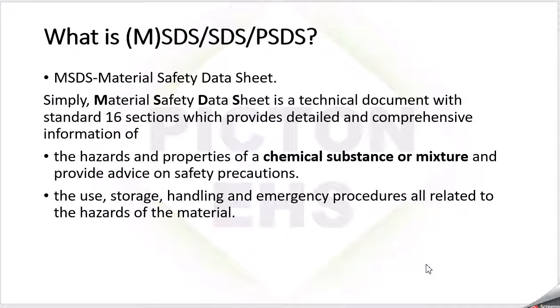Simply, a Material Safety Data Sheet is a technical document with a standard 16 sections which provides details and comprehensive information about the hazards and properties of a chemical substance or mixture, and provides advice on safety precautions, and also provides the use, storage, handling, and emergency procedures, all related to the hazards of the material.